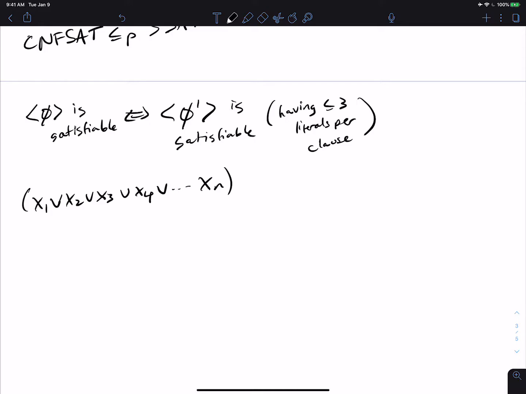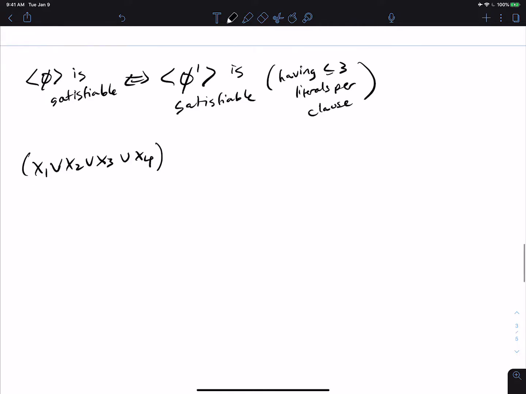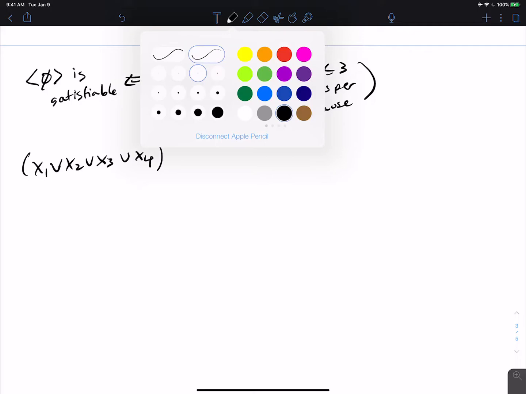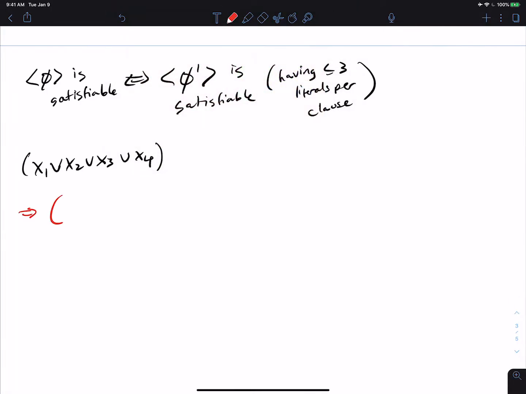Let's just suppose that we have exactly 4 literals in a clause, and then we can show that this is true if you have longer ones. So let's say we have 4. Then what I'm going to transform this clause into is two clauses.